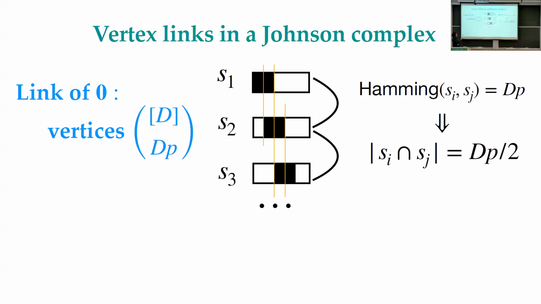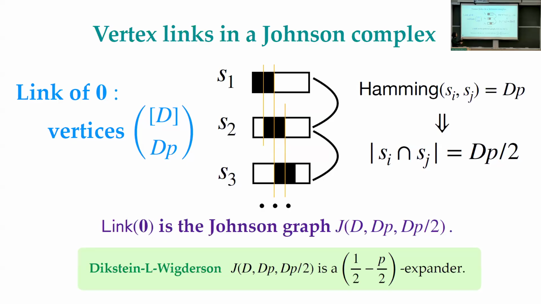Maybe some of you already realize I'm precisely describing a Johnson graph, over a dp slice, where two sets are connected if their intersection is dp over 2. We already have knowledge that an Abelian polynomial describes the eigenspace, the spectrum, of such a graph, so we can analyze it and show that it's a 1/2 minus p over 2 expander.